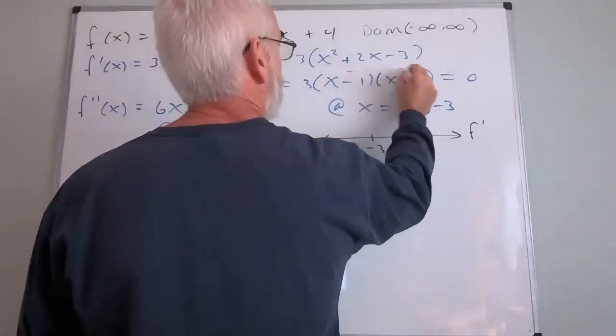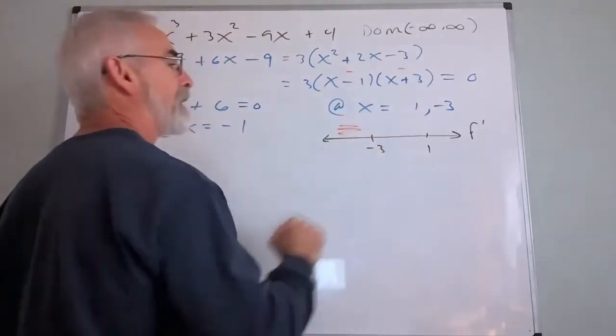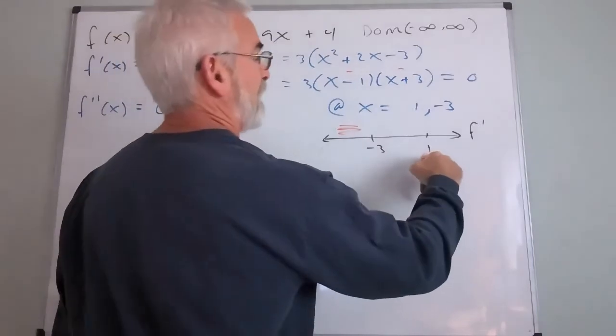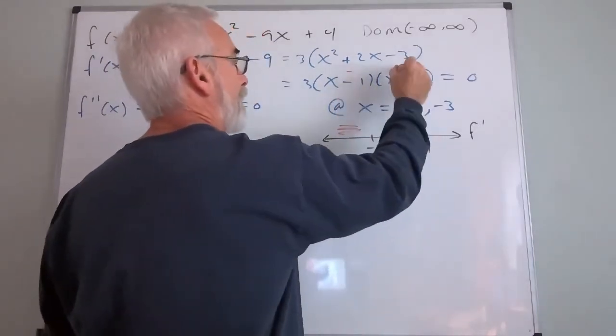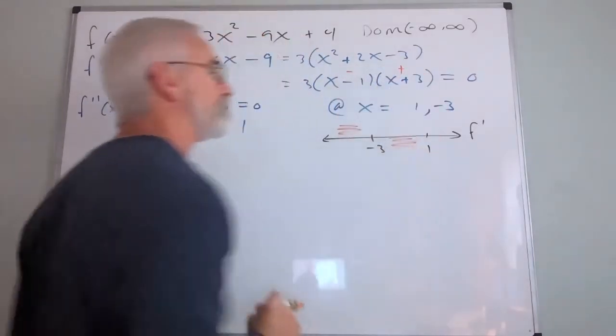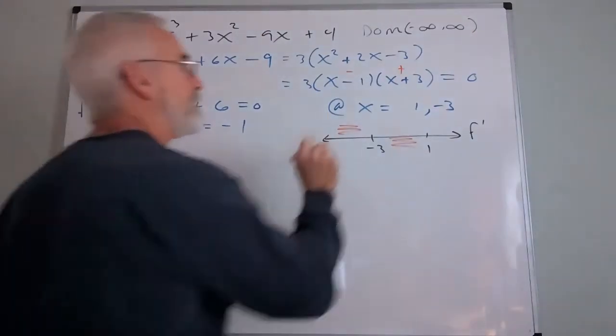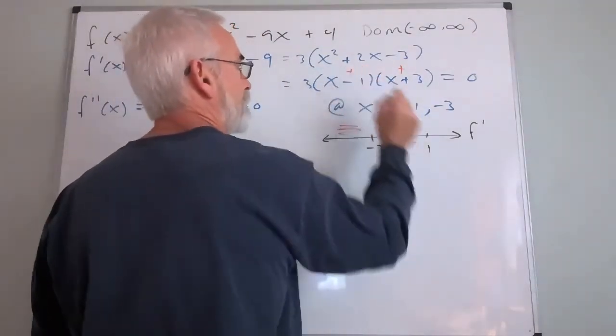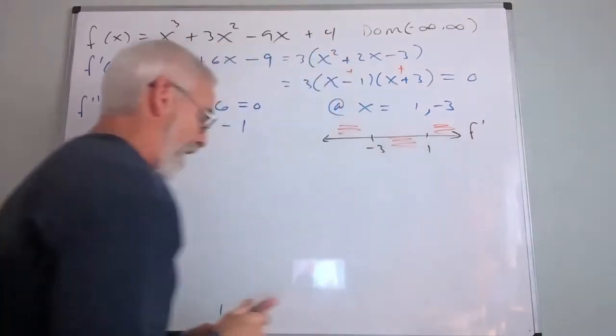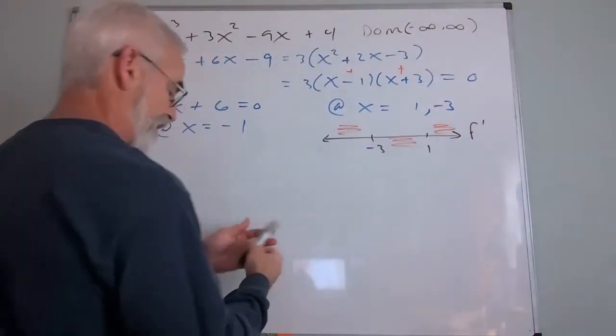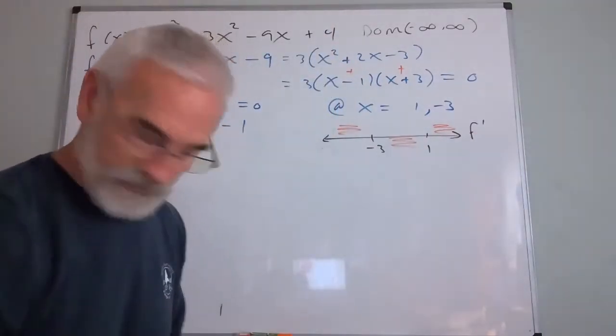That'll be negative, that'll be negative, so I'm positive. Pick a number between -3 and 1, like 0. That'll be negative, that'll be positive, so I'm down here. Pick a number to the right of 1, like bazillion, positive, positive. I'm here, great.